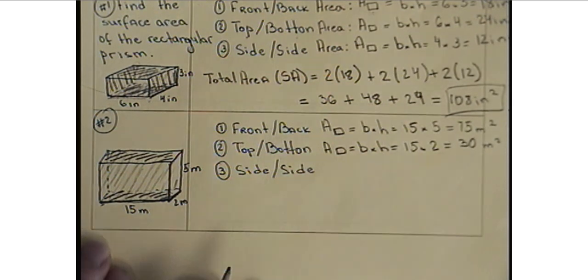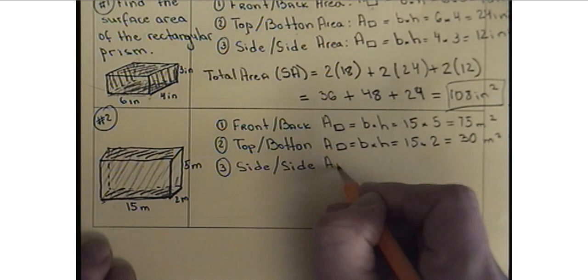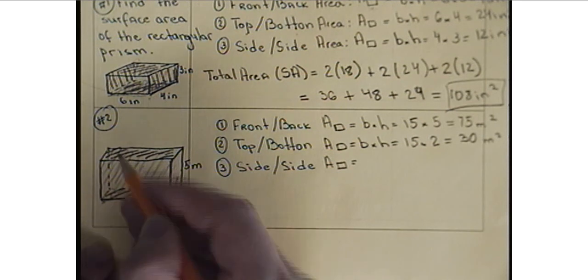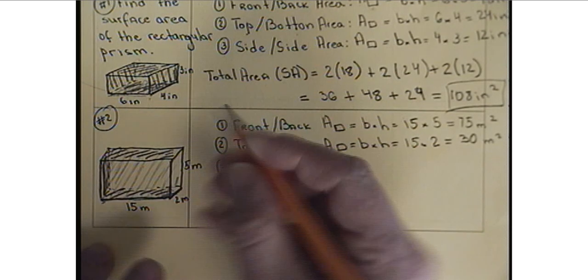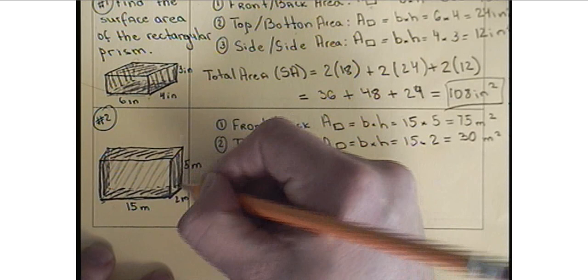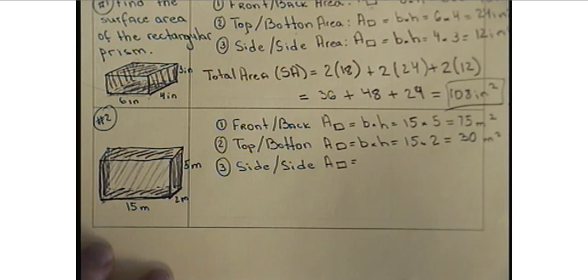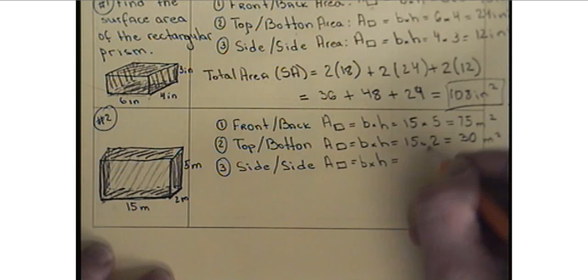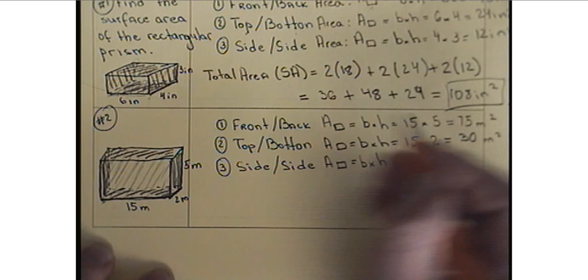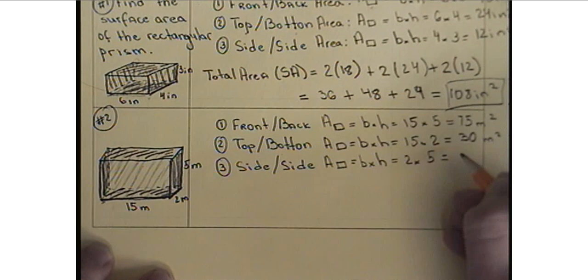Okay, and the final one will be side and side. So we will have this side here and this one over here. The side area will be base times height, the base is 2 meters, times the height of 5. 2 times 5 will give us 10 square meters.